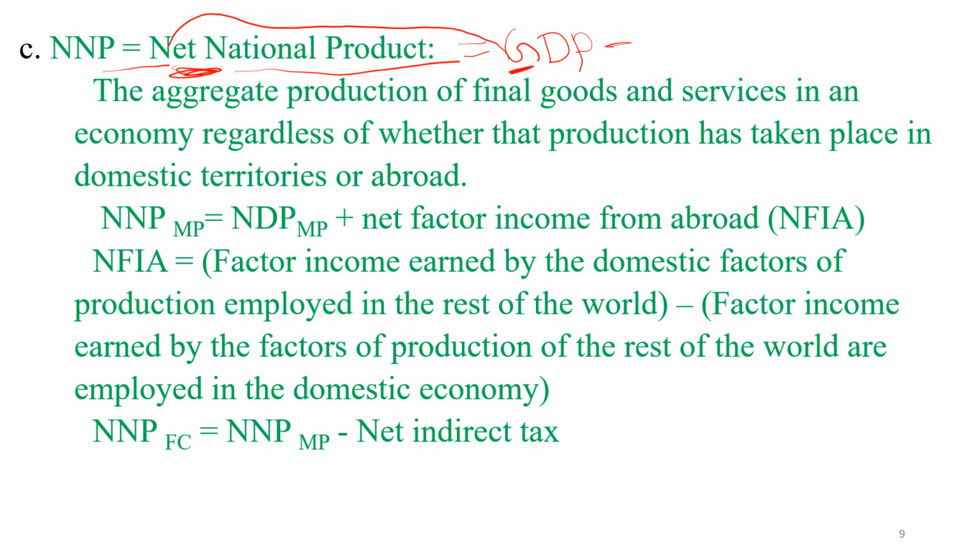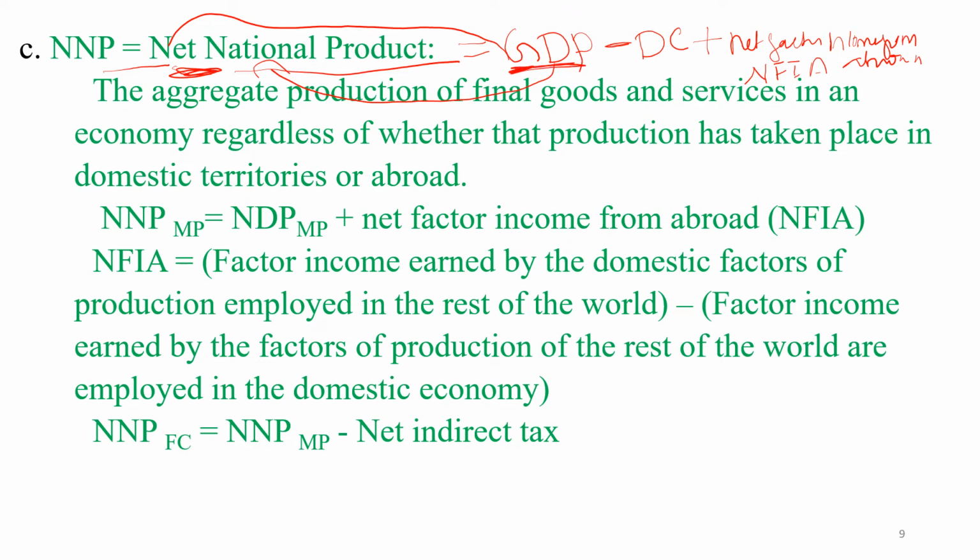For that, we are going to deduct depreciation charges. And at the same time, we should convert domestic into national. To convert domestic into national, we should add net factor income from abroad.